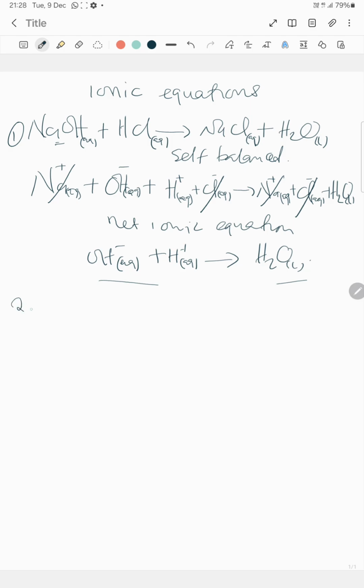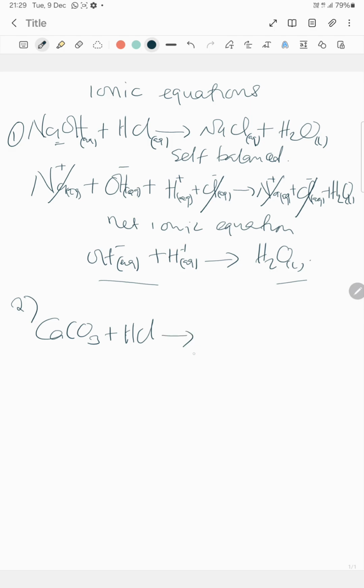Now we look at example 2. Calcium carbonate plus hydrochloric acid, HCl.